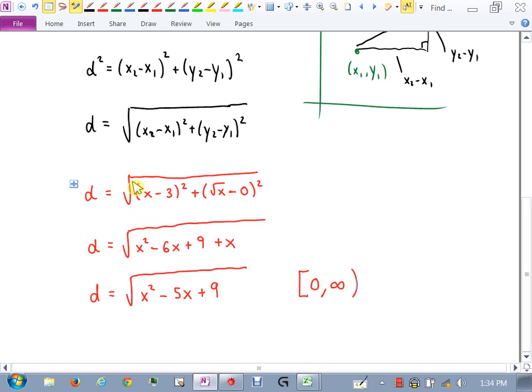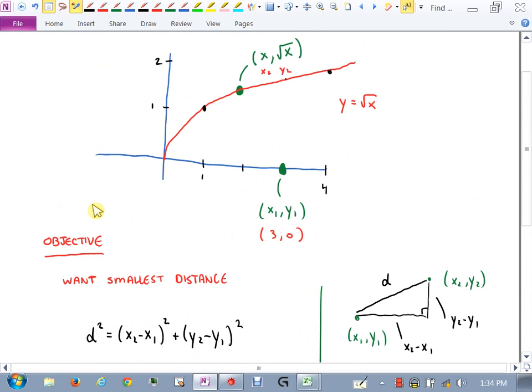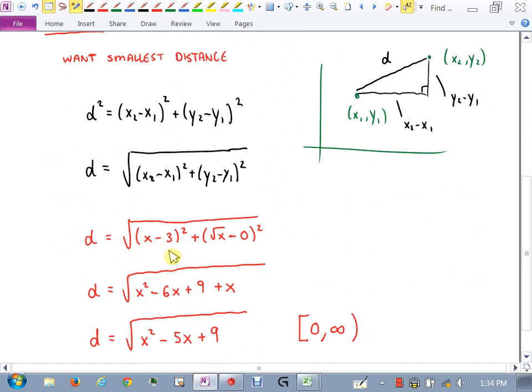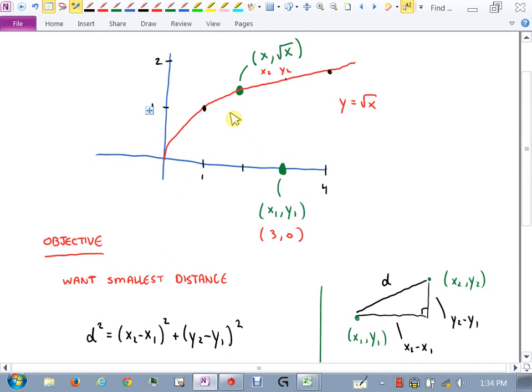Can this whole distance ever be 0? Why not? It's the distance between what 2 points? These two, right? Geometrically, can that ever be 0? It cannot be 0. It can never be negative either, right? If our formula is correct, which I think we're happy that it is, and it represents the distance between those 2 points, it will never be negative and it will never be 0.